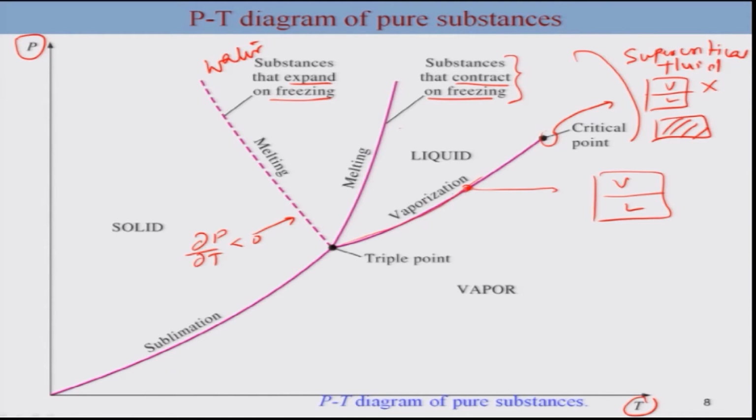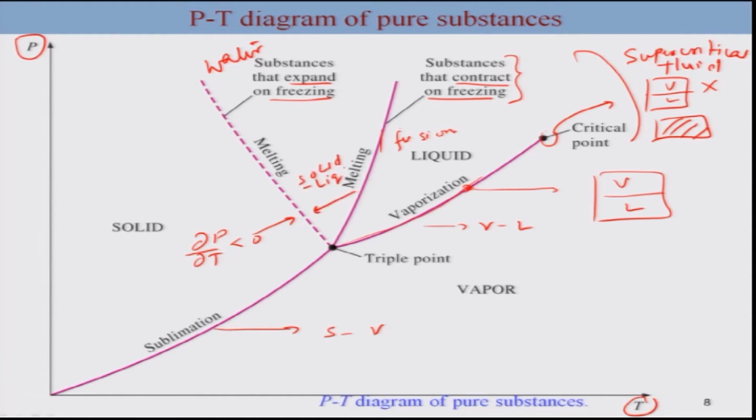So, this is a vaporization line, which means the vapor and liquid are at equilibrium. This is the sublimation line, which means solid and vapor are at equilibrium. This is your melting or fusion line, which means solid and liquid are at equilibrium.